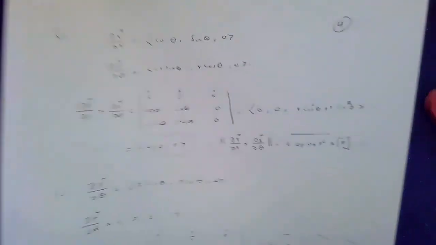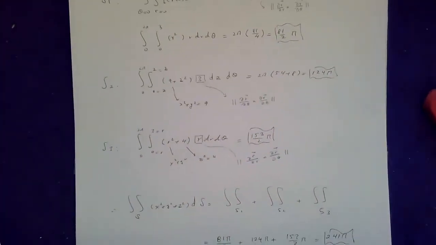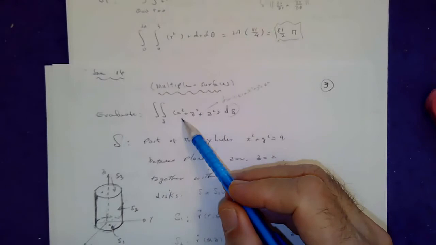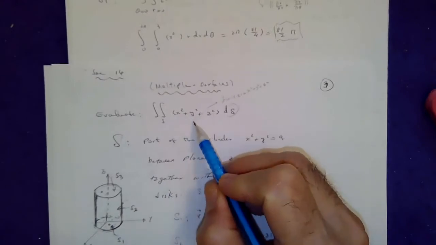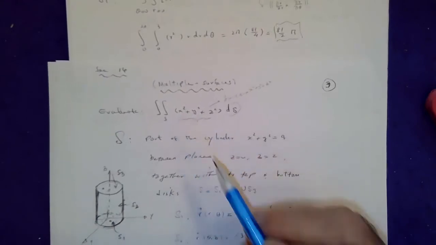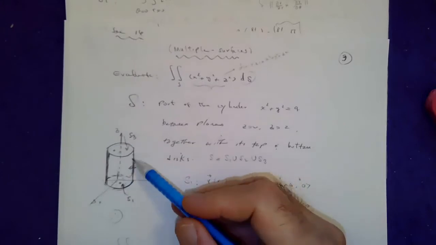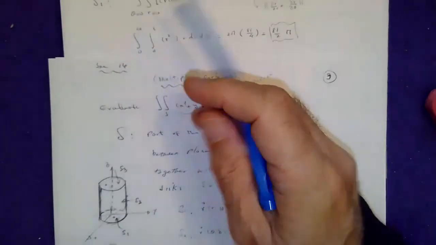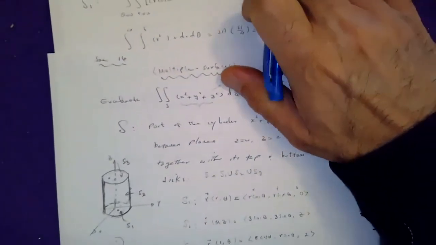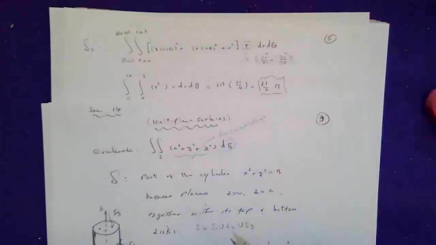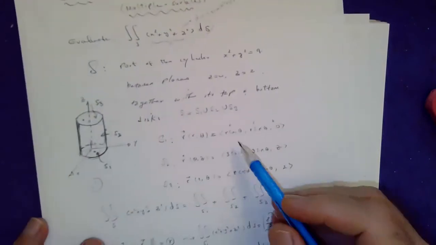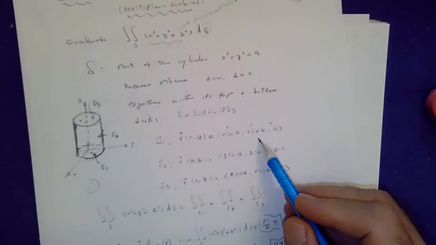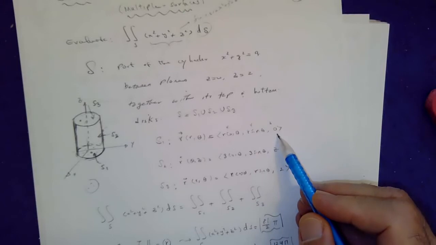So now, what we have to do is go back to the function right here and express this function in terms of the parametric equations of each surface one at a time. For instance, for surface number 1, that is the bottom surface, remember x was r cosine theta, y was r sine theta, but z was 0.